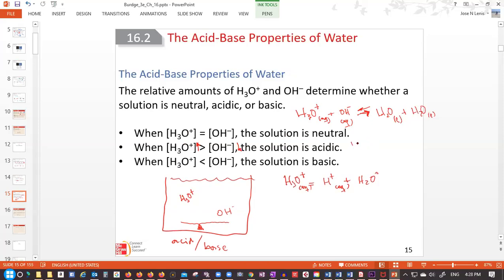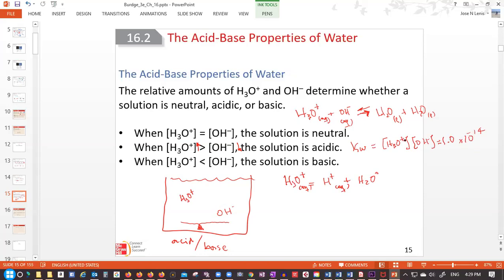Remember, Kw for water equals the concentration of H3O plus times the concentration of OH minus, and that is a constant number, which is 1.0 times 10 to the negative 14. No units. So this remains constant for pure water in a neutral solution.